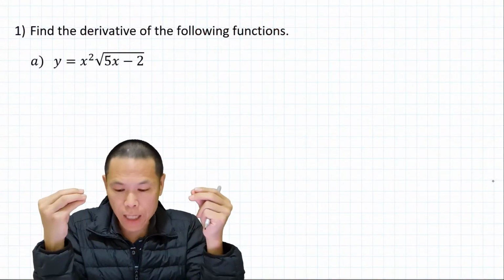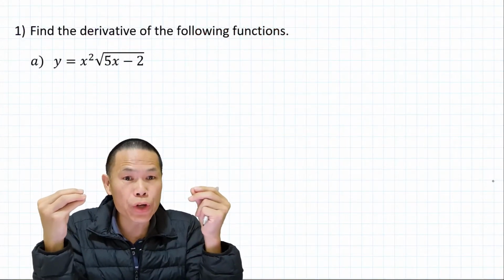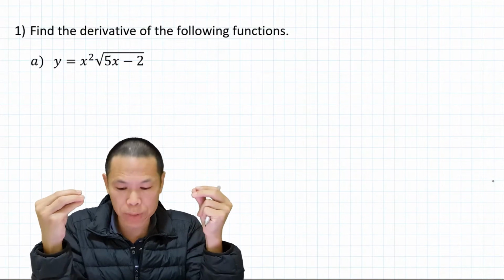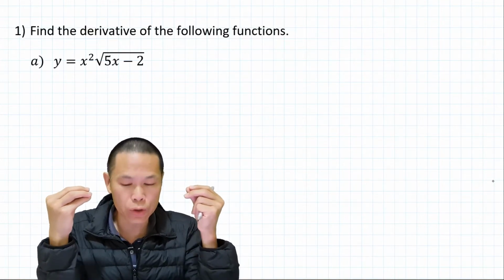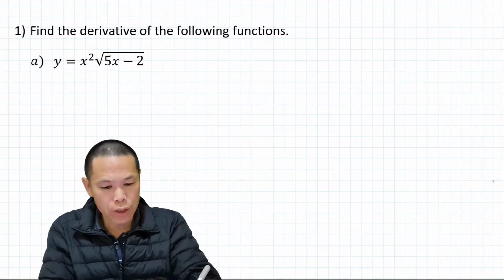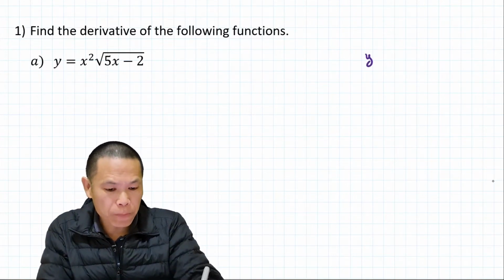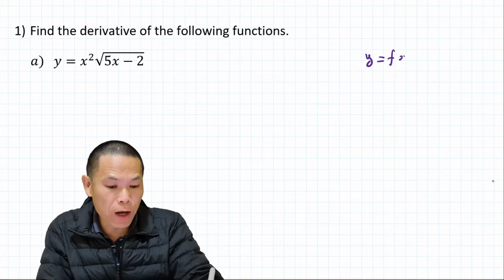To differentiate these kinds of functions, first of all, we need to know that it is a product rule, because x squared times square root of 5x minus 2. So we use the product rule. We have y is equal to f of x times g of x.